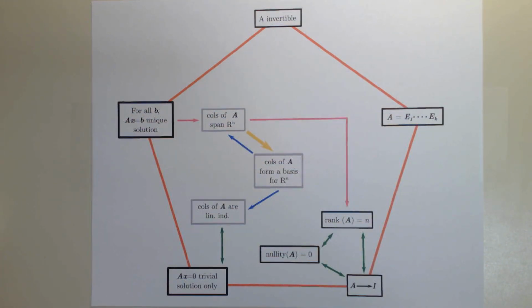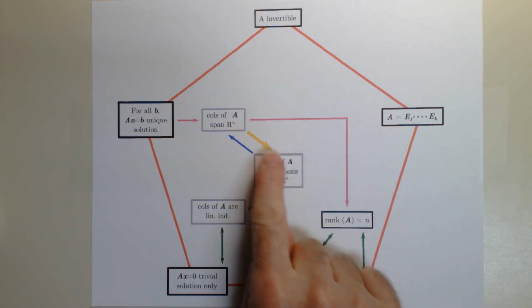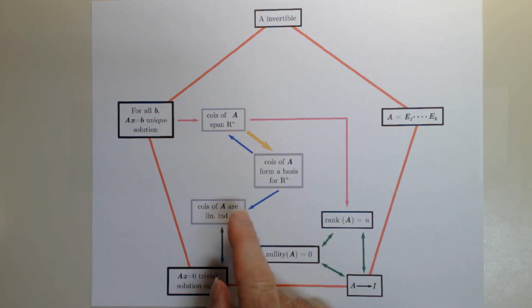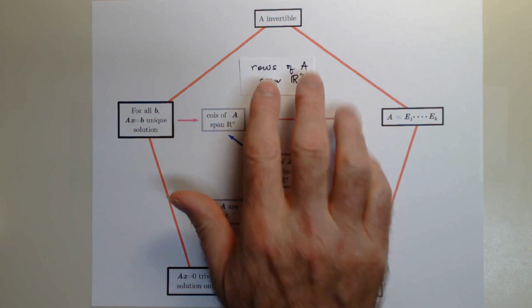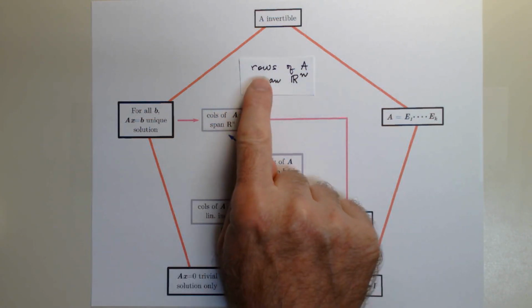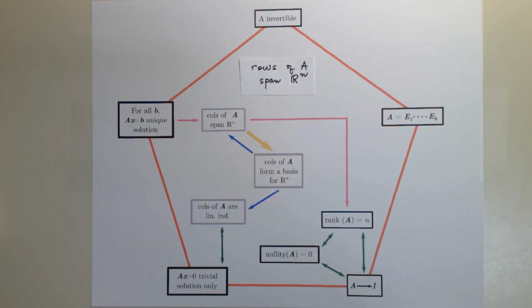So finally, we must address statements K, L, and M. Now these statements K, L, and M mirror the statements in these gray boxes with the word column replaced by the word row. So for example, one of the statements which mirrors this one says that the rows of A span Rn.